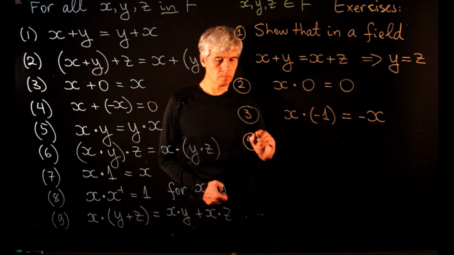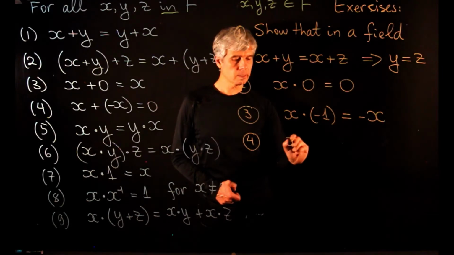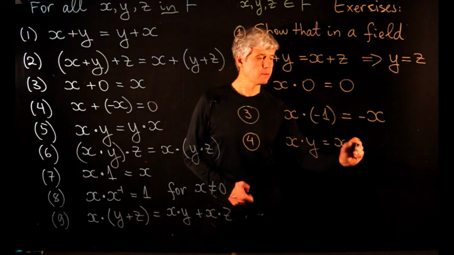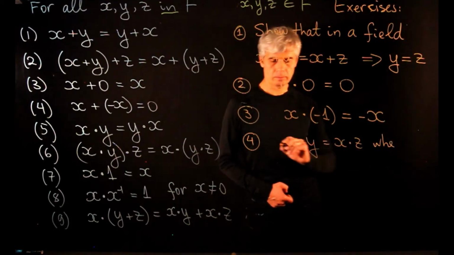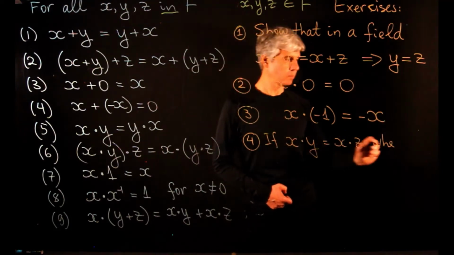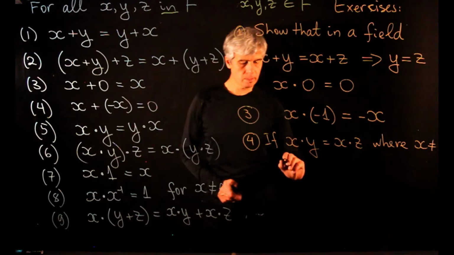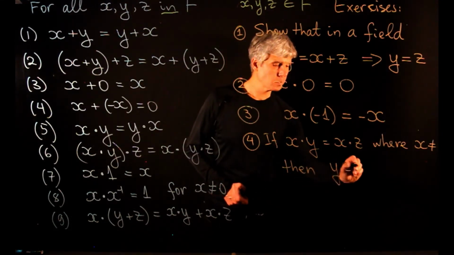Four. So if x times y is equal to x times z, where x is different from 0, then y is equal to z.